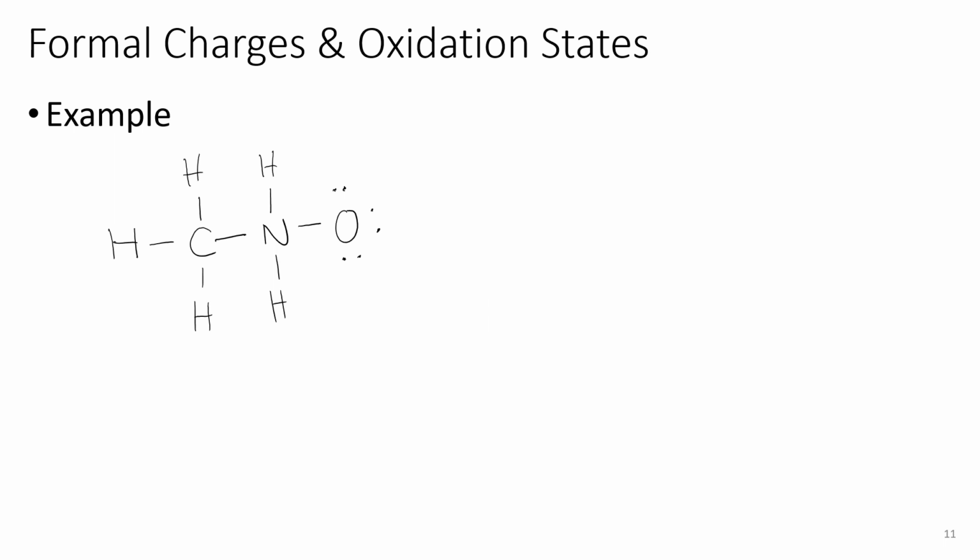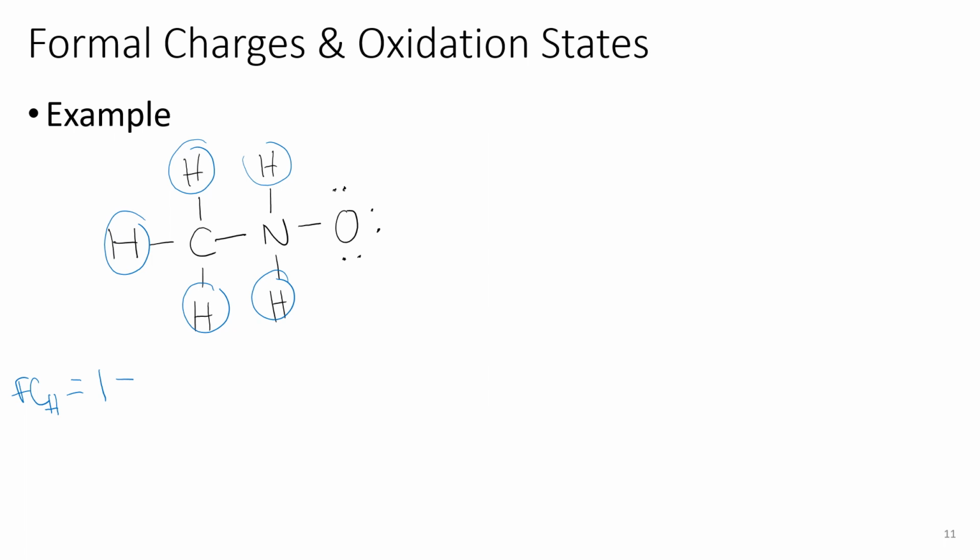You'll notice every single hydrogen in this structure is equivalent. They all have 1 covalent bond associated with them. So if I first calculate my formal charges, the formal charge on my hydrogen naturally has 1 valence electron from my periodic table. In my structure, all of them are the same, so I'm just going to focus on one of them.